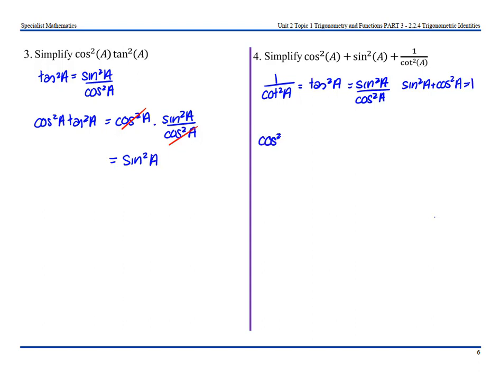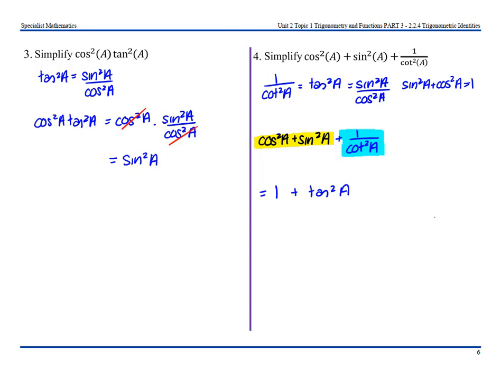Therefore, our cos squared a plus sine squared a plus 1 over cot squared a is going to equal 1 for cos squared a plus sine squared a, and then plus our 1 over cot squared a, which is tan squared a.